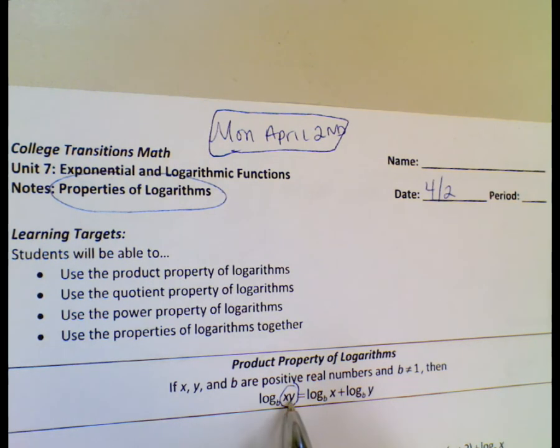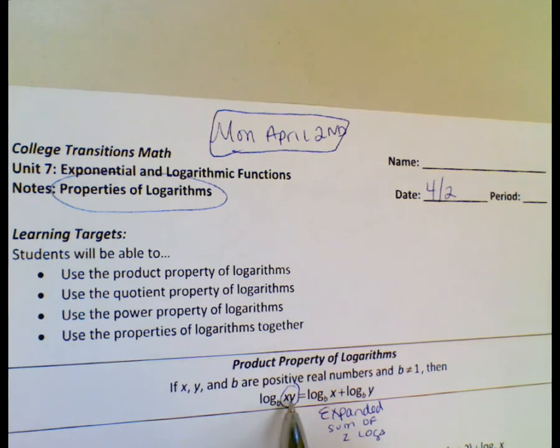So when you're multiplying, if you have one logarithm, this is called expanding. So we had one logarithm with two factors, and we expanded it into a sum of two logarithms. So when you see a product, you're really going to add.